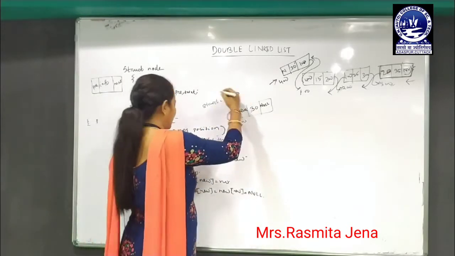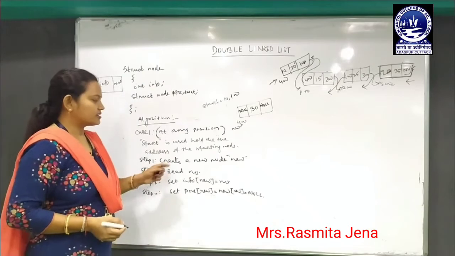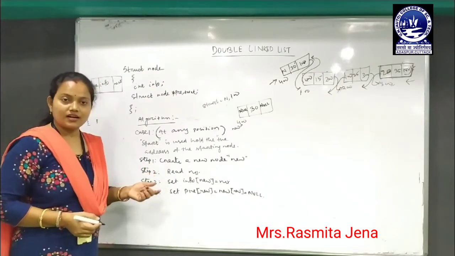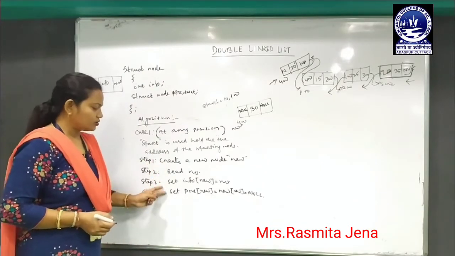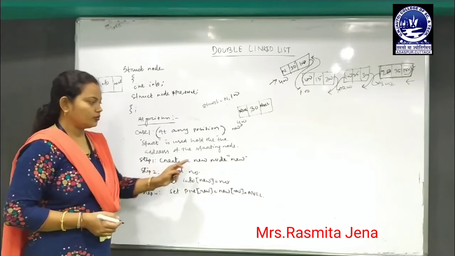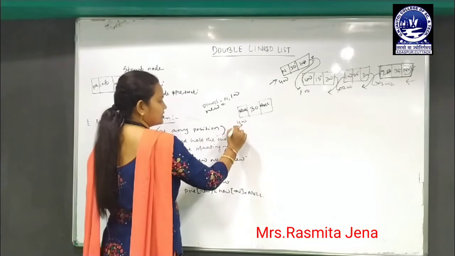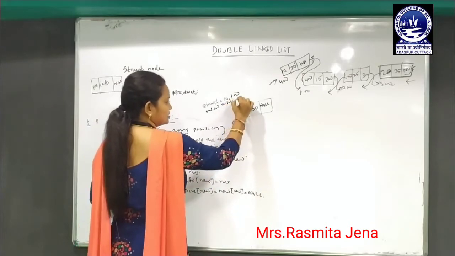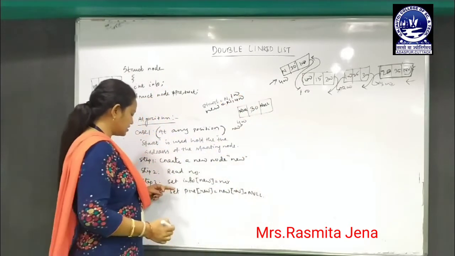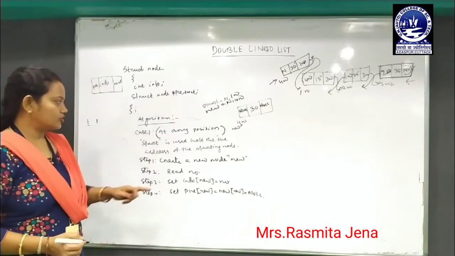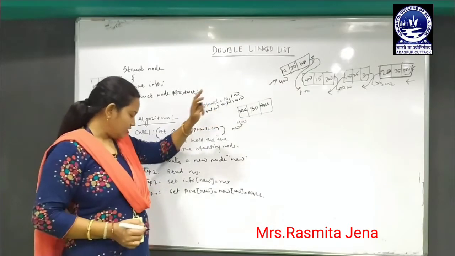So it contains 100, and then we must create a new node which will be inserted at any position. We will create the new node, and its address is held by the new pointer. Suppose this node is created at 400 location, initially it is null, so new will be initialized by 400.